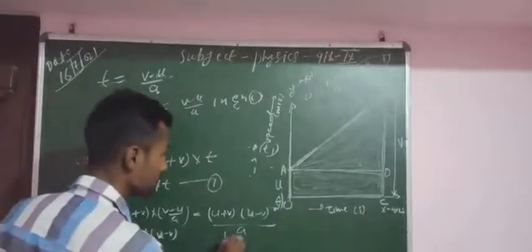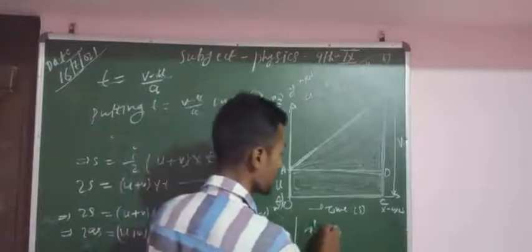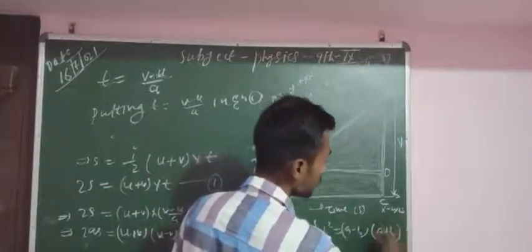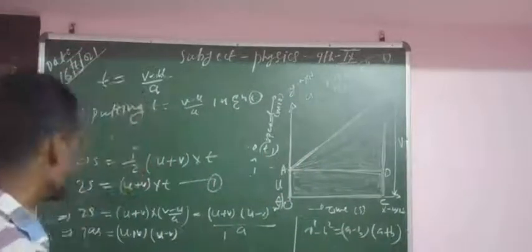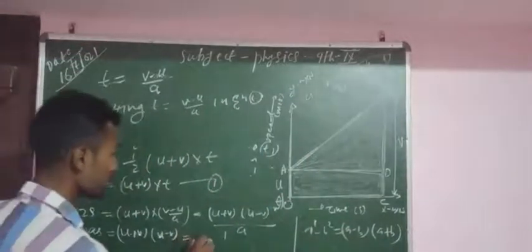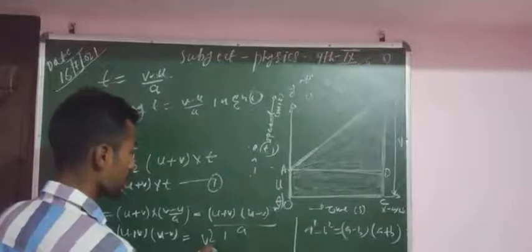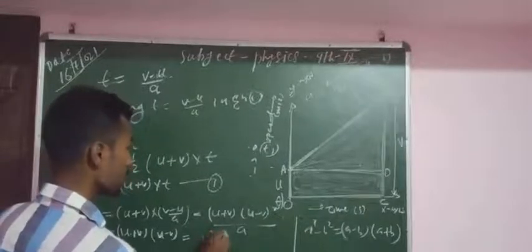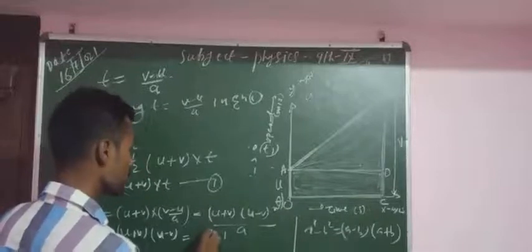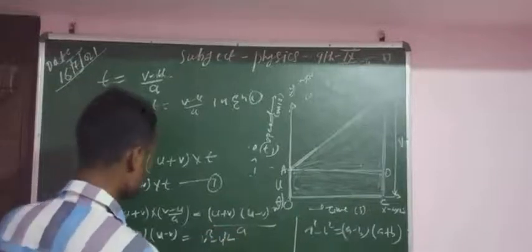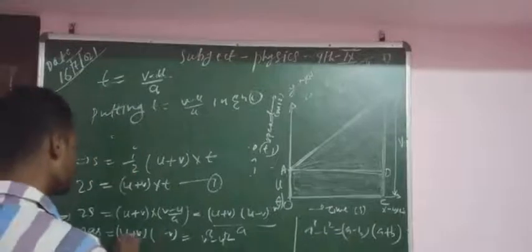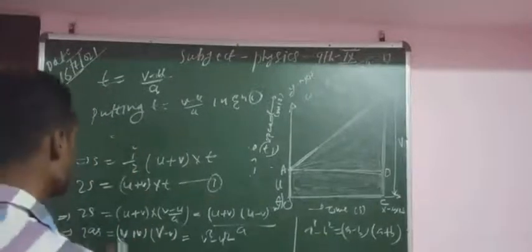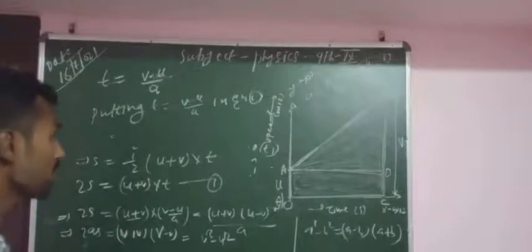As we know that a square minus b square equals (a minus b) and (a plus b). We will use a similar concept here. So this equals v square minus u square.